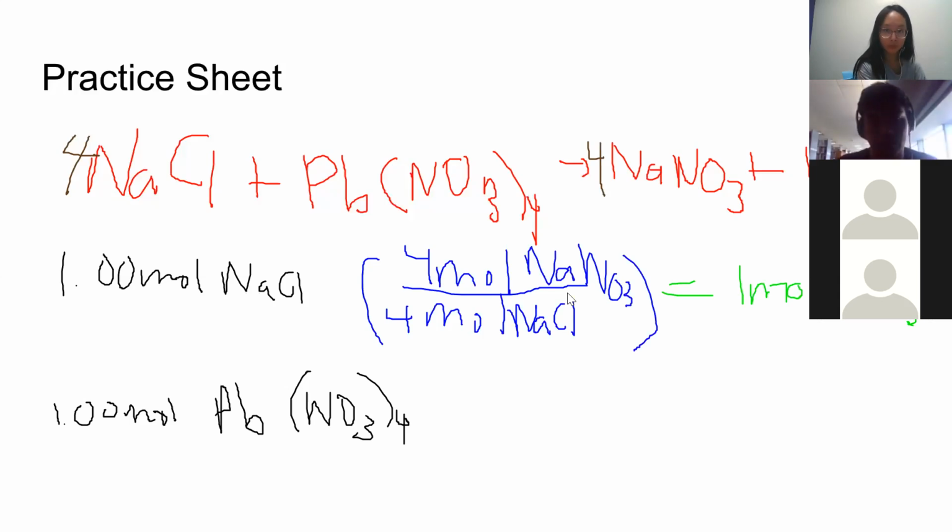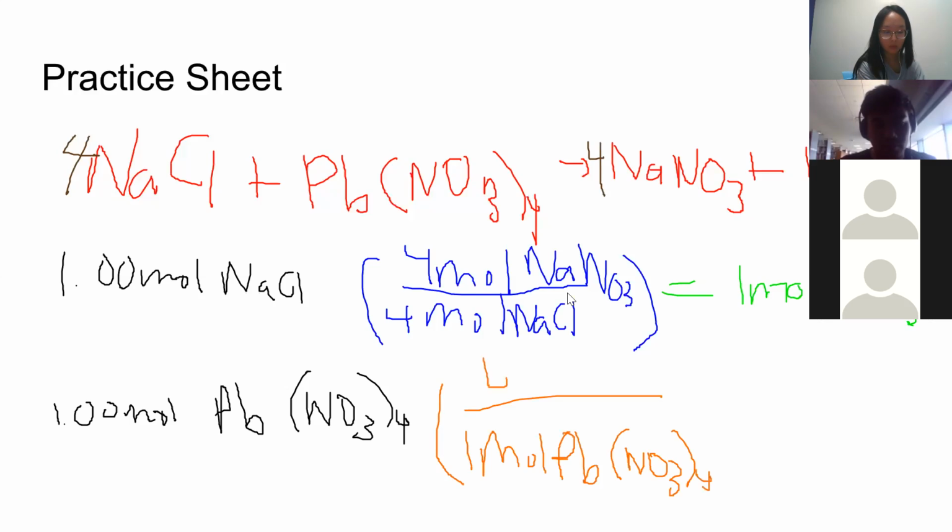Now we also have to convert lead 4 nitrate to units of moles of NaNO3. So we know for every 1 mole of lead 4 nitrate, we make 4 moles of NaNO3.